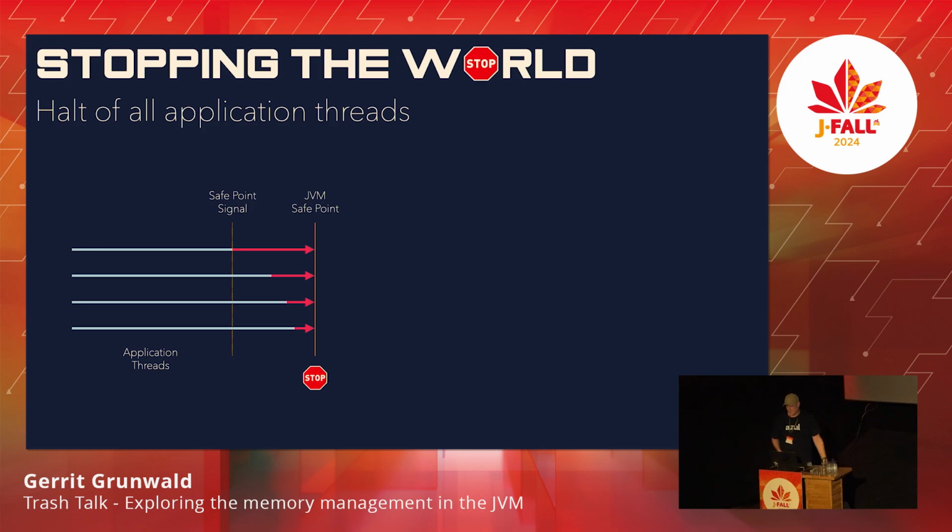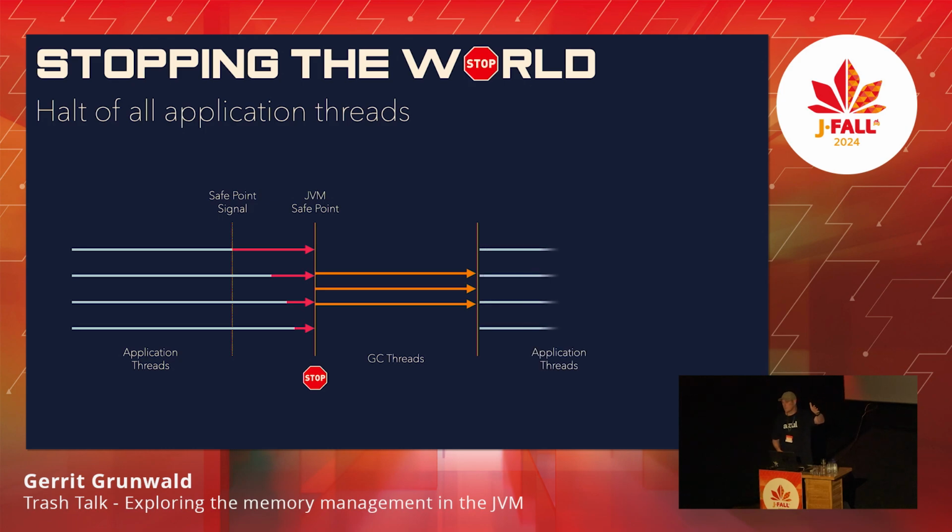And once all the threads are stopped and in a safe state, then we can do the garbage collection. Once the garbage collection is done, then we can continue with the application threads. So this is when we talk about Stop the World, this is the pause that you see in orange here, where we do the garbage collection itself.